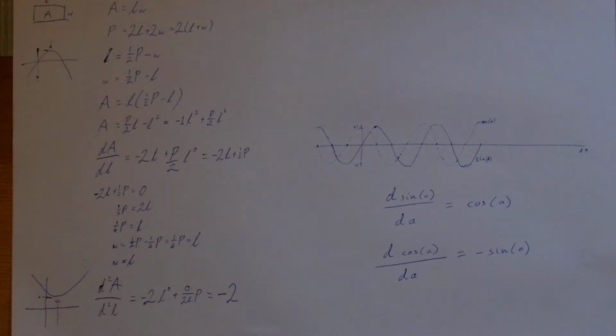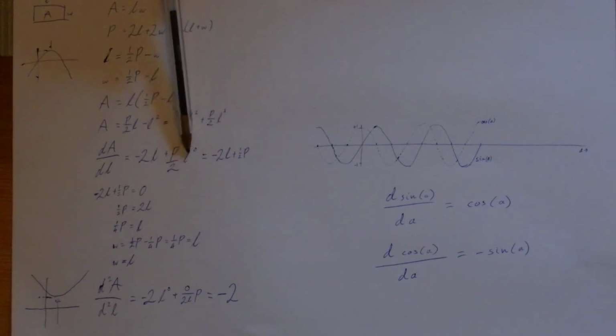To find the gradient, you differentiate. dA by dL, the rate of change of area with respect to length, is this power here, plus 2, multiplied by this number here, minus 1, gives you minus 2, L to the power of this minus 1. 2 minus 1 is 1, so minus 2L to the 1, which is just minus 2L, plus this power here, 1, multiplied by this thing here, p over 2, times L to the power of this minus 1.